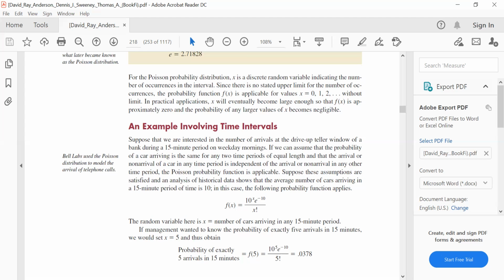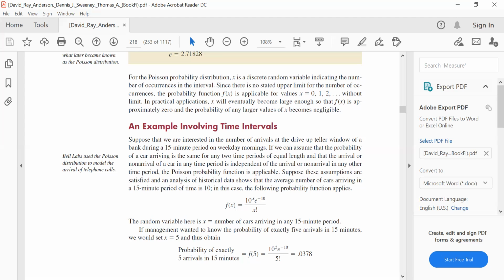In this case, the following probability function applies, because we know that the average number of cars arriving in 15-minute period of time is 10.